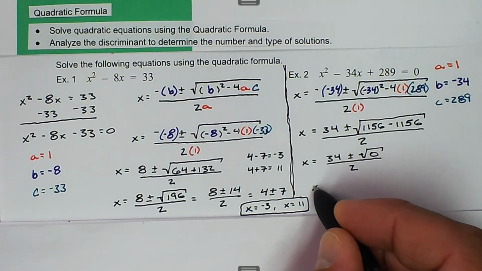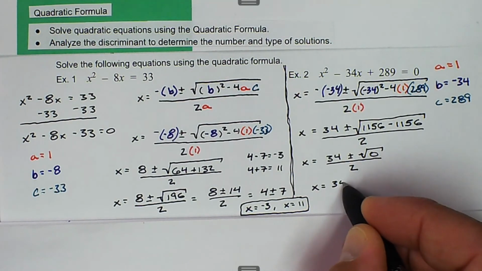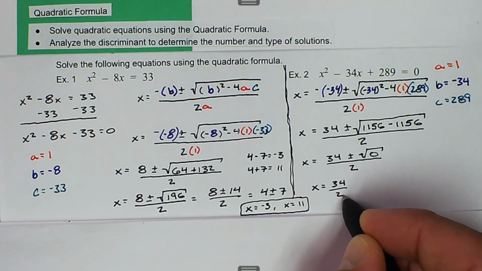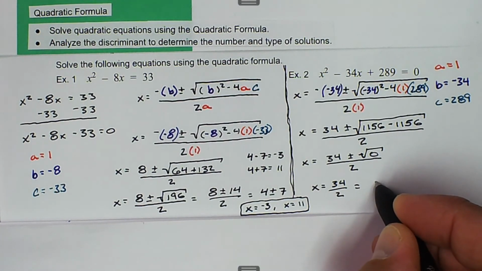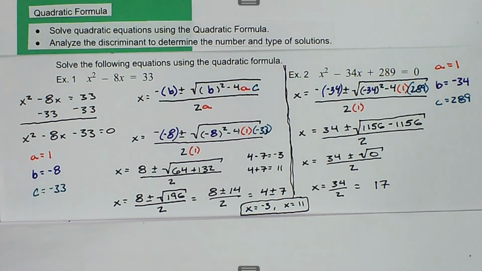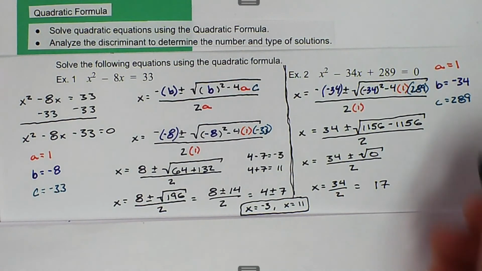And so we get x equals 34 divided by 2, which is 17. So we get a double root at x equals 17.